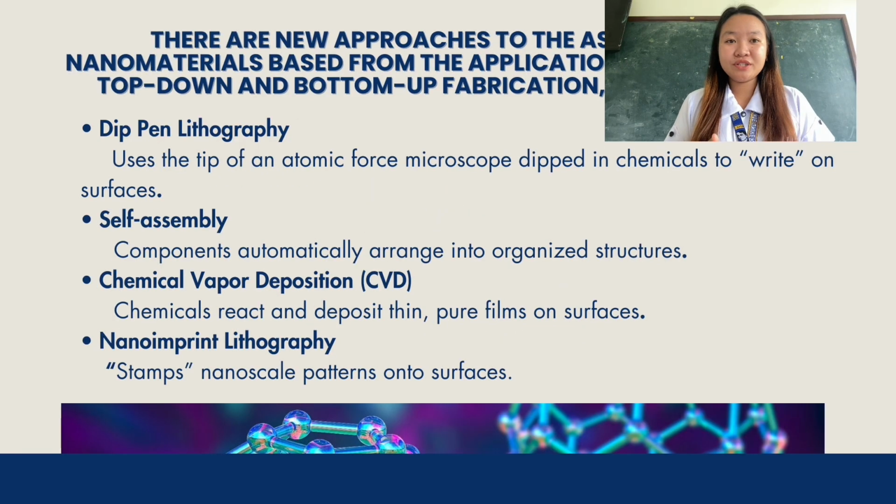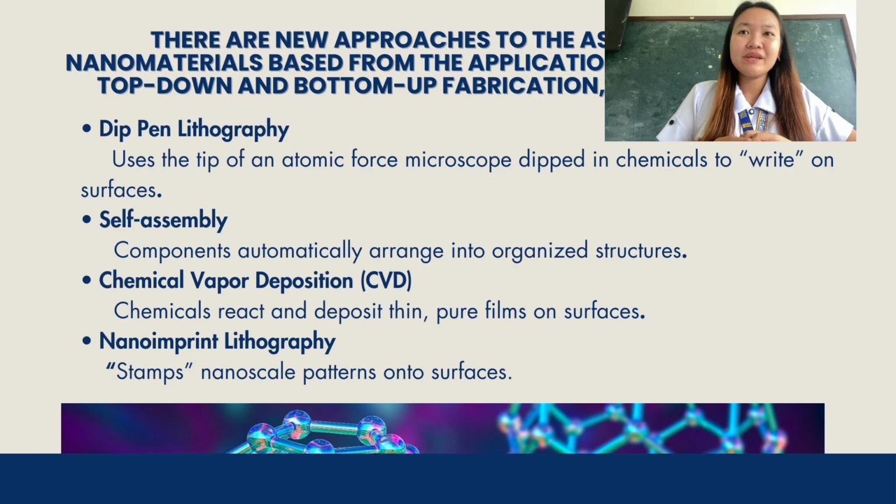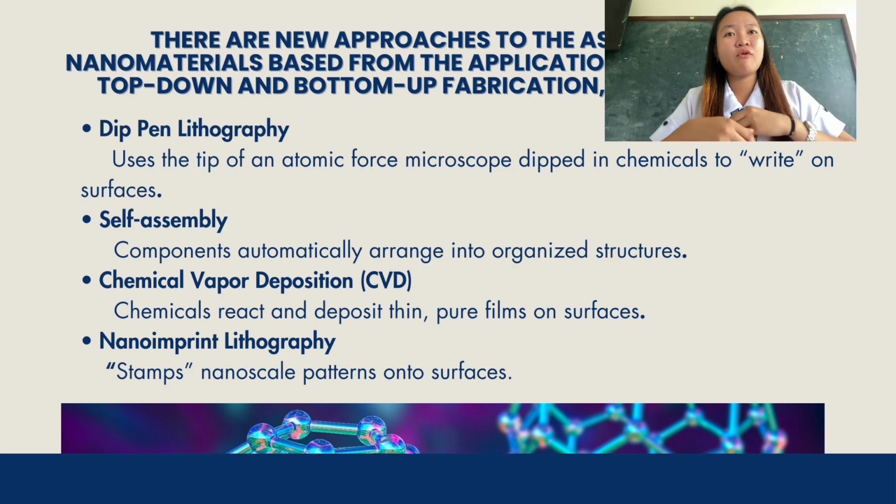There are new approaches to the assembly of nanomaterials based on the application of principles in the top-down and bottom-up fabrication. These include dip pen lithography, which uses the tip of an atomic force microscope dipped in chemicals to write on surfaces.